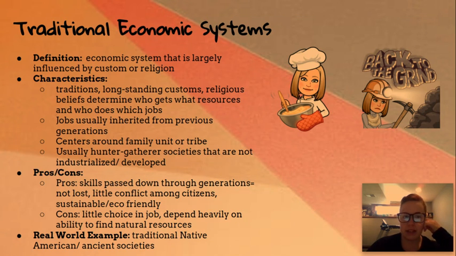As far as characteristics, a traditional economy is an economic system that develops in usually a smaller society. This is usually in smaller groups, not necessarily a whole country, where they have longstanding traditions, longstanding beliefs, religious beliefs sometimes that determine who gets what resources, who does what jobs.